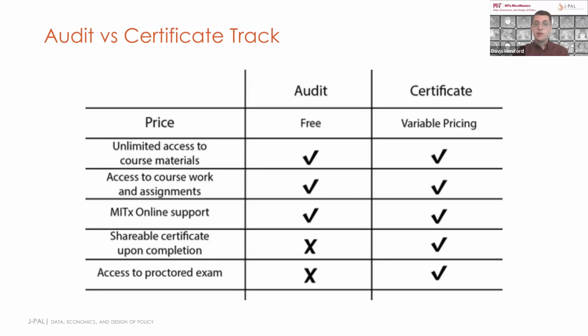You can see from the chart here, course materials, assignments, support from MIT staff, all available on the audit track. However, the certificate track also gets you access to the proctored exam, as well as a certificate if you pass the course. You're always allowed to start the course on the audit track and then pay later, as I mentioned, as long as you do so before the payment deadline, which can be found on our website. This will allow you to try a course out for a few weeks.